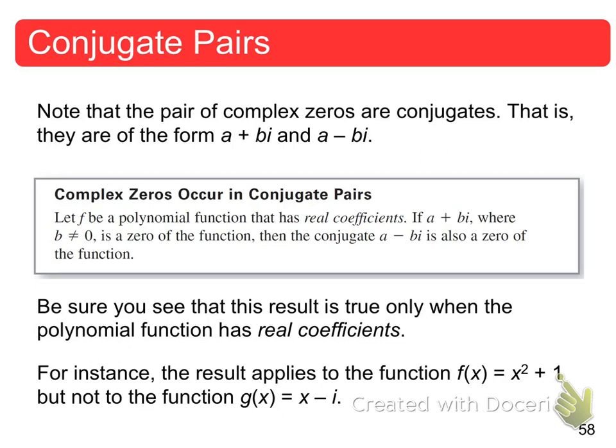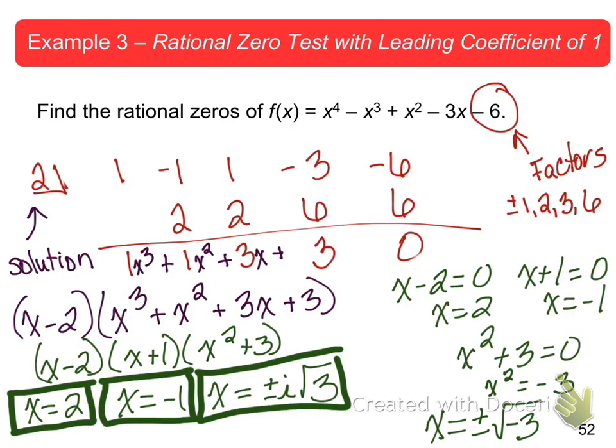Now, for the problem right before us, we had x equals 2 and x equals negative 1. Those are rational solutions. Rational solutions are completely independent.